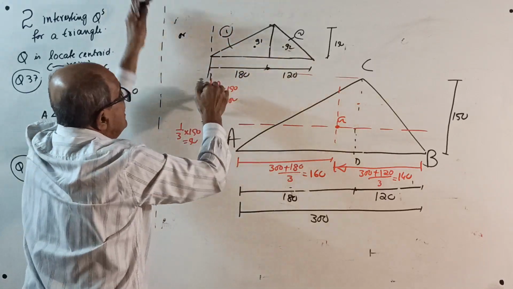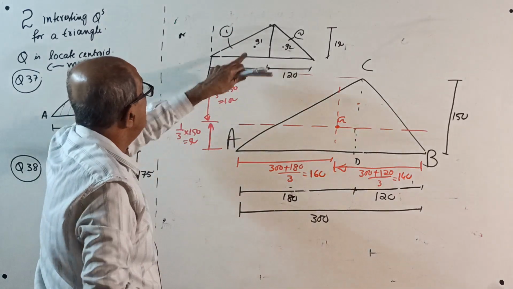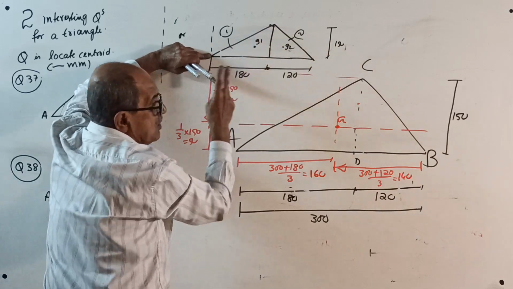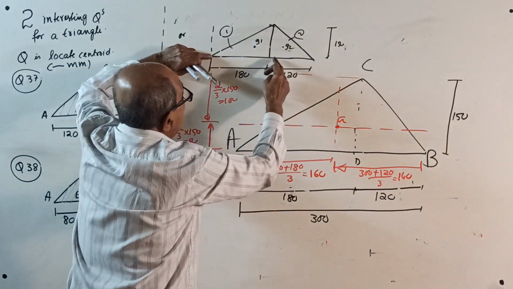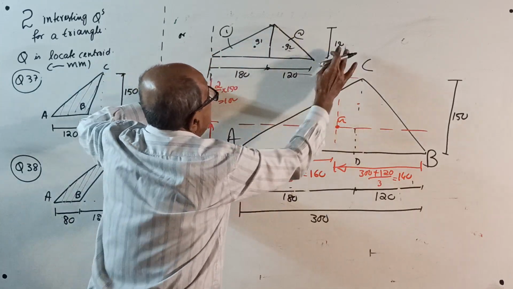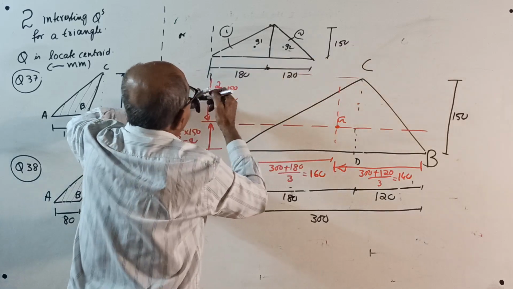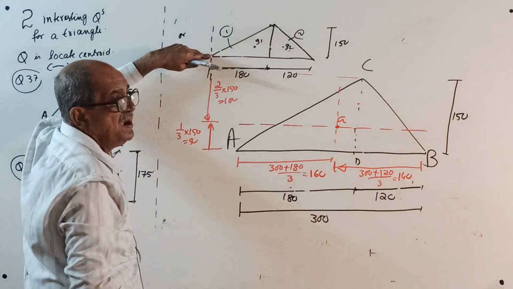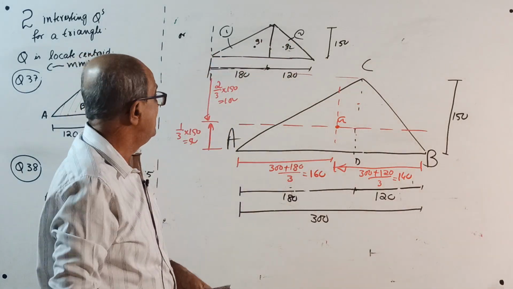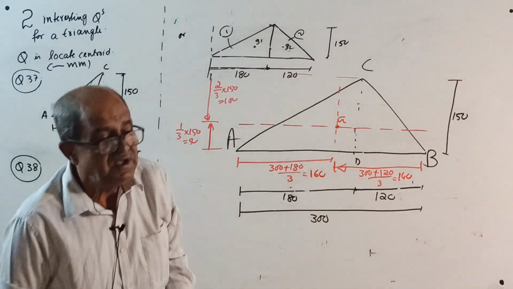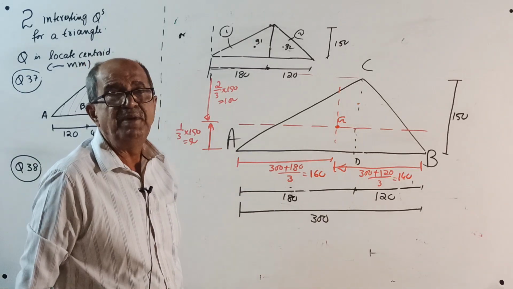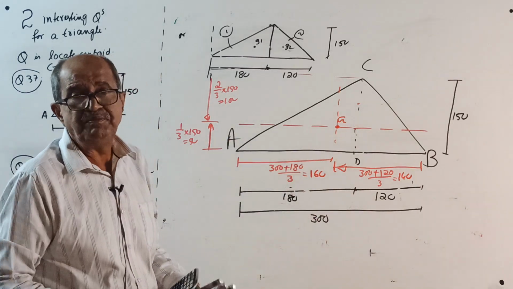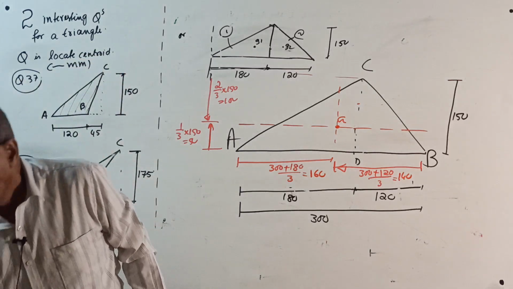From a reference line here, find x bar: A1, half into 180 into 150 into 2/3 of 180, plus half into 120 into 150 into 180 plus 1/3 of 120, divided by total area. It will come 160 millimeter. Subtract from 300, you get 120. Height wise, you will get 50. You make all these notes.